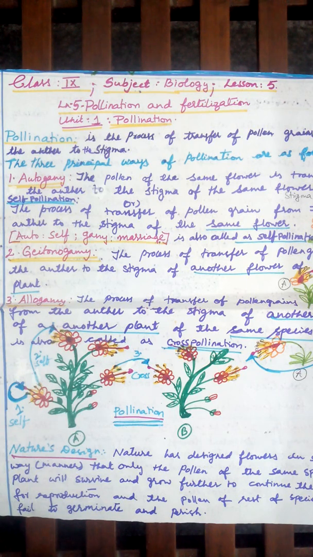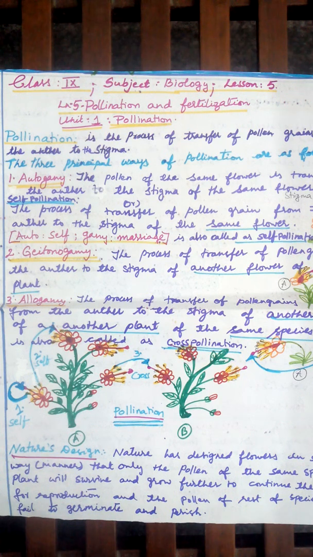So first kind you have learned the process of transfer of pollen grain from the anther to the stigma of the same flower. There is another kind you have learned now, the process of transfer of pollen grains from the anther to the stigma of another flower of another plant of a same species.